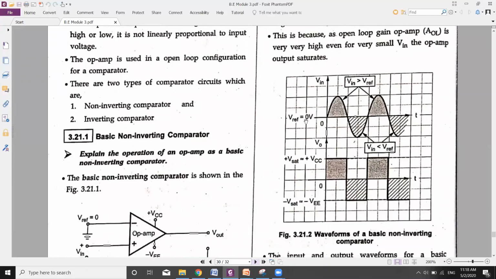If this is the reference voltage, V reference equal to 0, and V in goes in a positive direction, meaning V in is greater than the reference voltage, then the output is plus Vsat, which is equal to plus Vcc. And if the input voltage is less than V reference, when the input goes in the negative direction, the output is minus Vee, which is what we call minus Vsat.